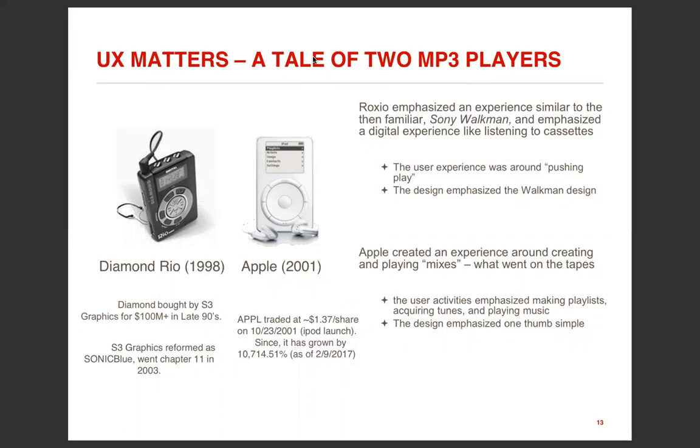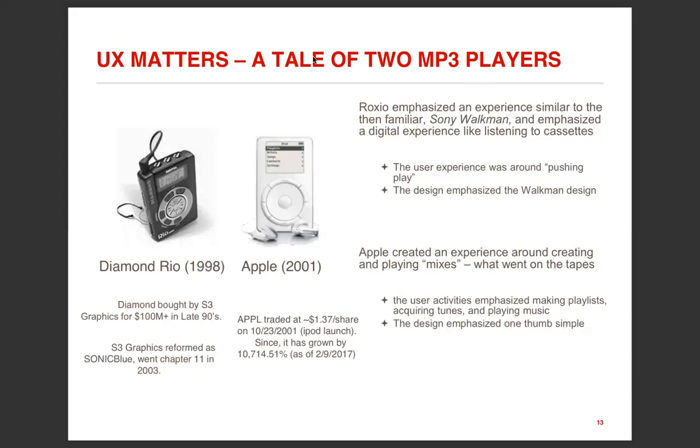The one came earlier than the other, but when the latter, the Apple one, came in 2000, it overtook the first one. Why? Because the Apple one required the user to use only the thumb to operate everything.